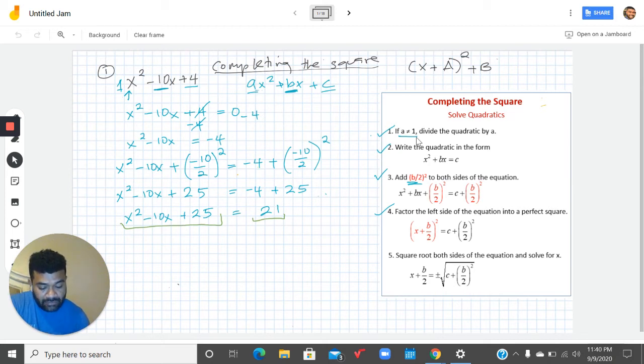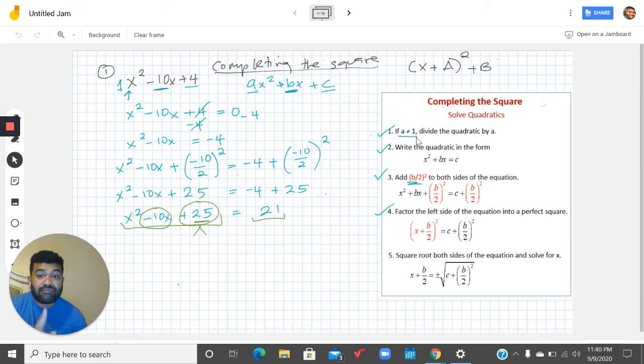So now I have a 25 right here, meaning that whatever two numbers I get, when I multiply them, it should give me a positive 25, and when I add them, it should give me a negative 10. Let me repeat myself.